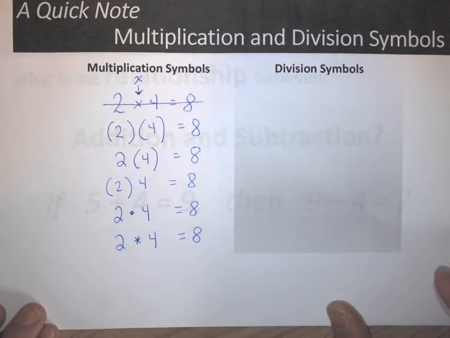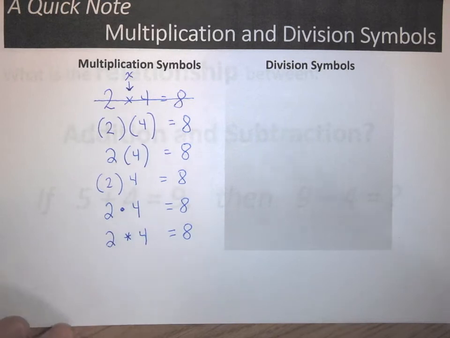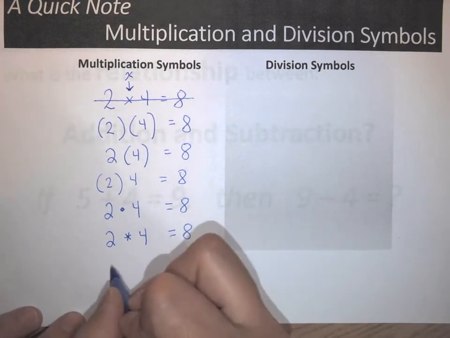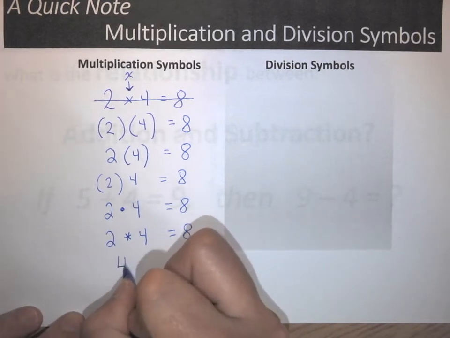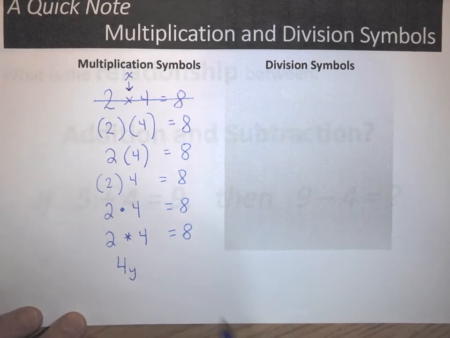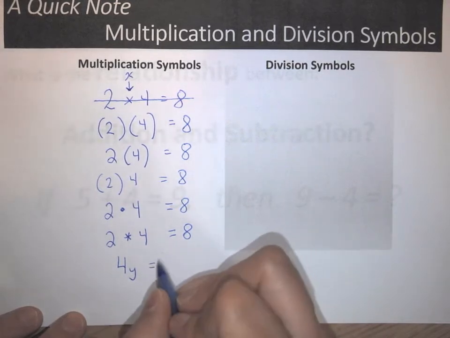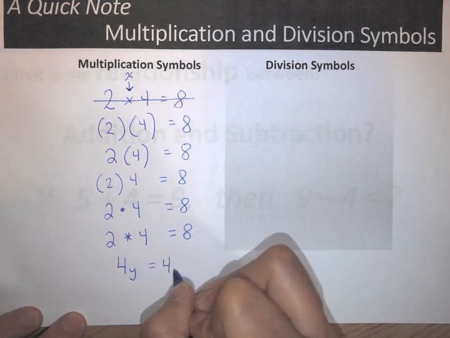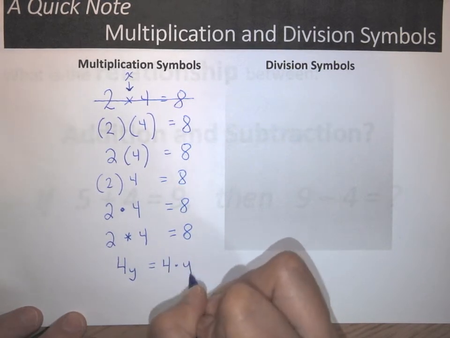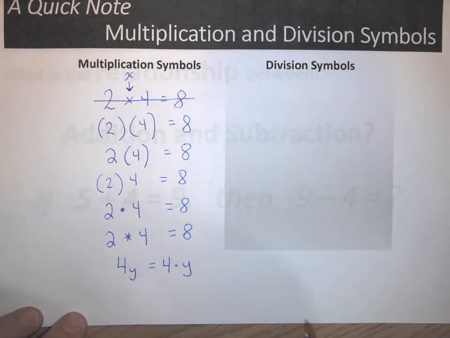And then as soon as we start getting into things with variables, let's say I had something like 4y. When things are sitting right next to each other, this would be equal to 4 times y, or y 4 times.